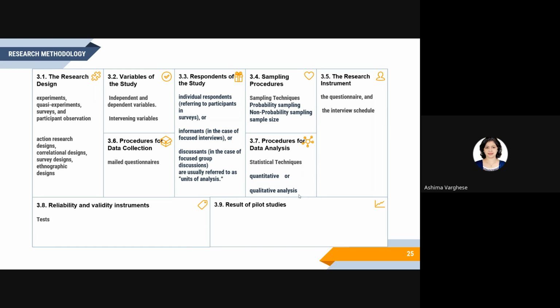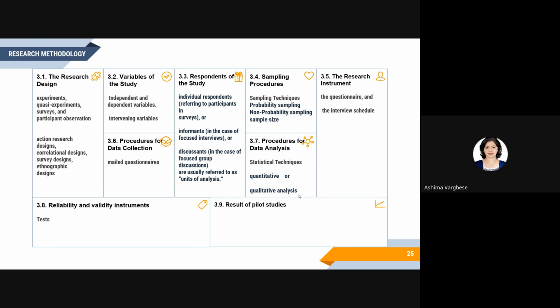In focused group discussions, they are usually referred to as units of analysis. When I say respondents, it refers to the human participants in the research activities. So respondents nowadays are referred to as the human participants.